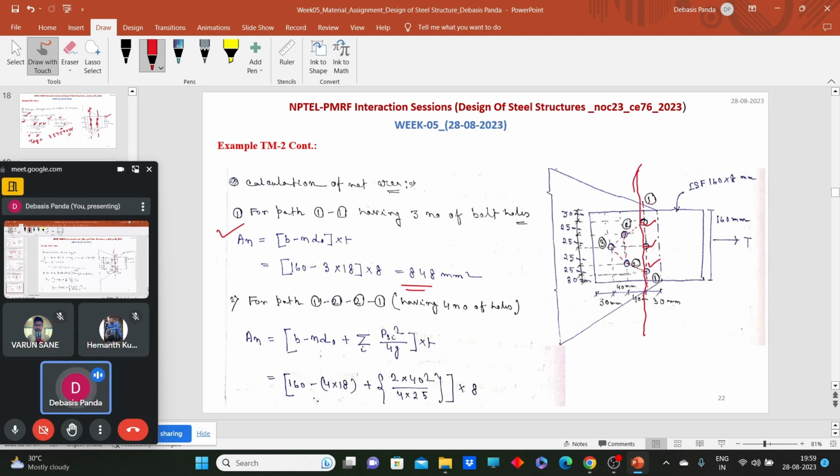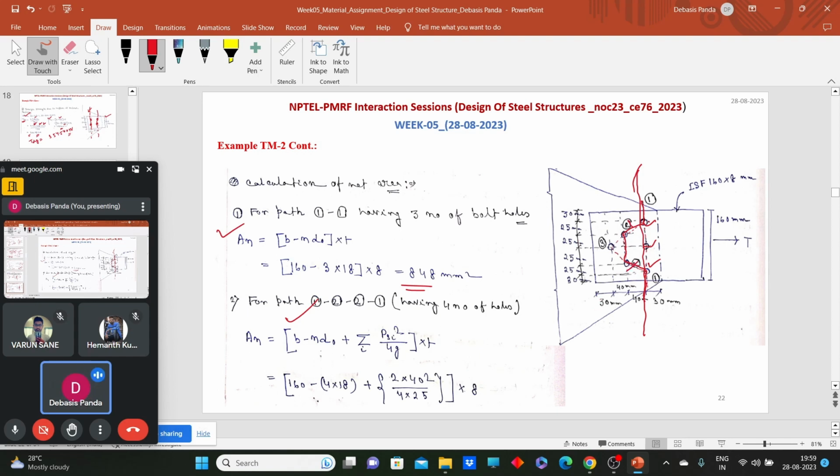Now, along the path 1-2-2-1, what will be the net area? Along the path 1-2-2-1, we have staggered pitching. So we have to consider the formula B minus n d_0 plus summation of p_s square by 4g. Along this path, how many staggered pitches are there? 1, 2. Two staggered pitches are there.